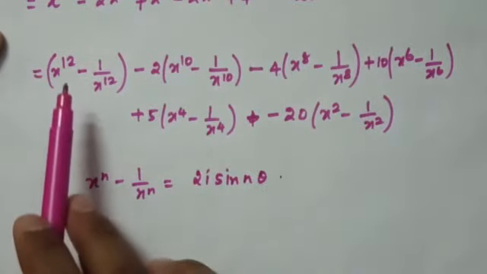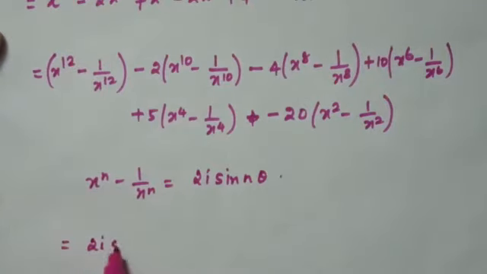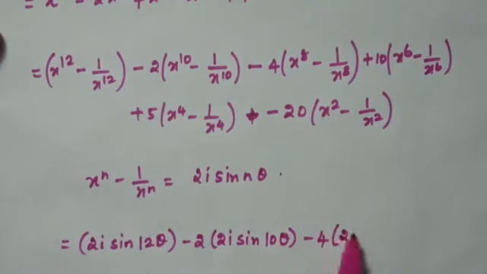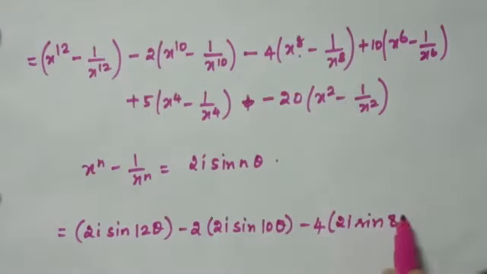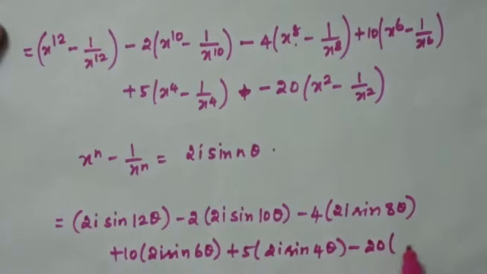So you have to apply it here. Here instead of n we have 12, so you will get 2i sin 12 theta minus 2 times of, here 10 is there, so 2i sin 10 theta, minus 4 times of 2i sin 8 theta, plus 10 times of 2i sin 6 theta, plus 5 times of 2i sin 4 theta, and negative 20 into 2i sin 2 theta.